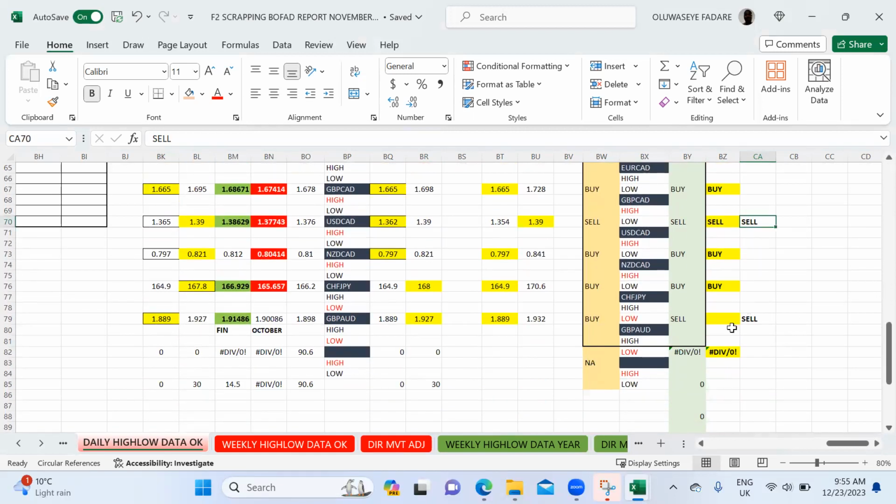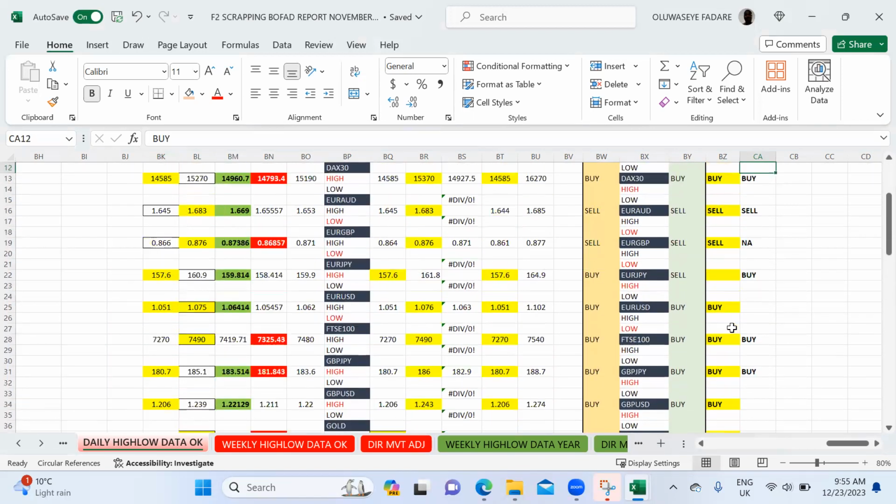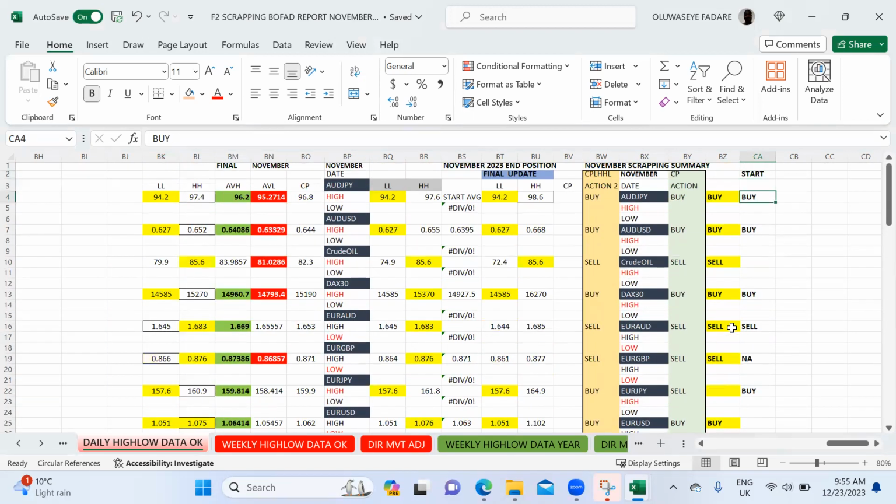So you can see that 10 of the products gave us the same result right from the beginning of the month to the end of the month. If you had taken those actions as quickly as that time, then those 10 products would have given us massive profit for their increase in the course of the month. So that is how this template works.